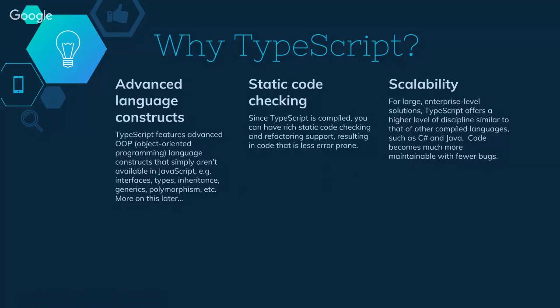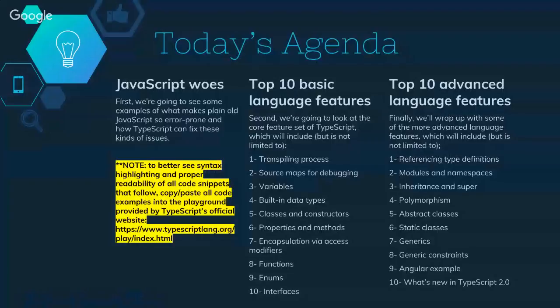Static code checks and refactoring support. We're actually going to see that in Visual Studio, for example, our application won't compile as a result of a TypeScript error. So you essentially have that static code checking of JavaScript available to you. And then, of course, it's very scalable. Because we have a more disciplined approach to our JavaScript and we're writing it in a very object-oriented, very declarative way, the code becomes much more maintainable with fewer bugs.